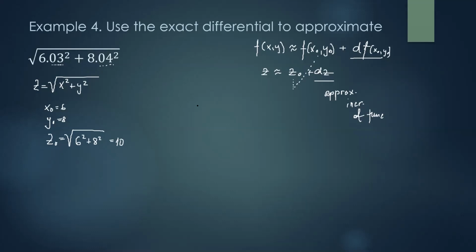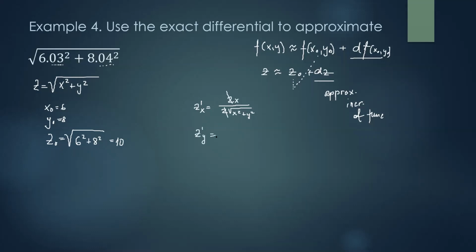So first of all, let's find the derivatives. The first derivative by x is, of course, 1 divided by 2 square roots of x squared plus y squared, times the derivative of the interior function with respect to x, that's 2x, and the 2 disappears.